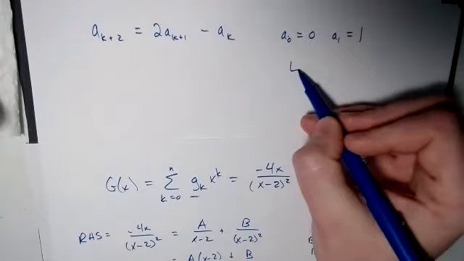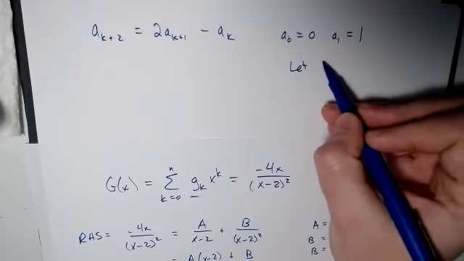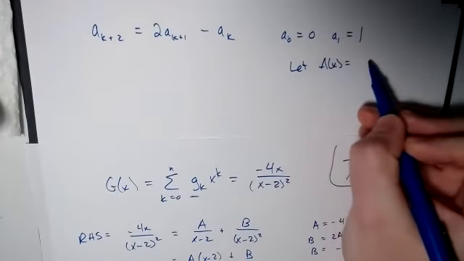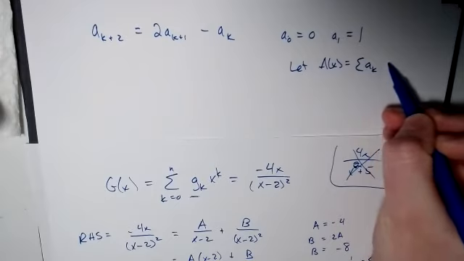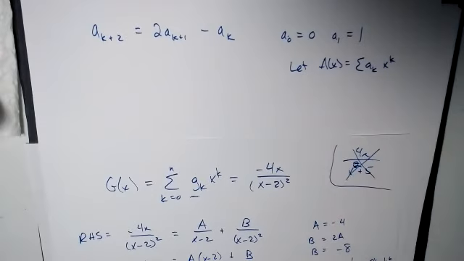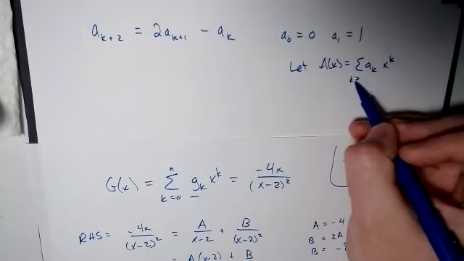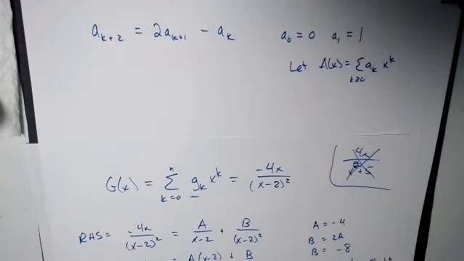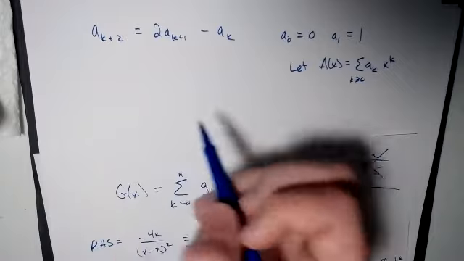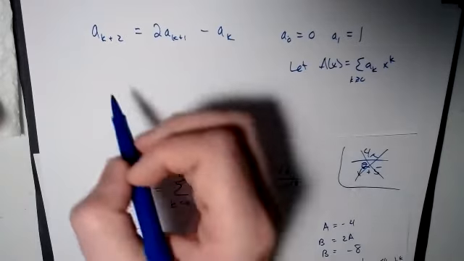But to torture ourselves, let's let A(x) be equal to the sum of a_k x^k, and of course that's k greater than or equal to 0. So then we will multiply everything by x^k and sum.